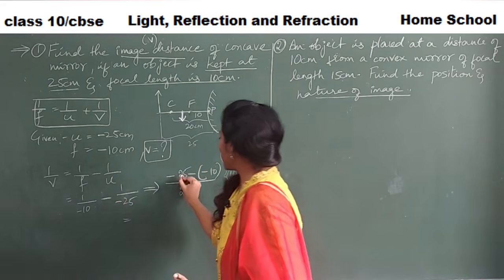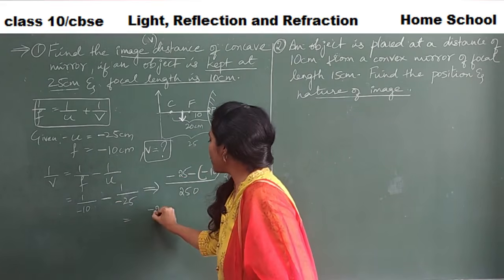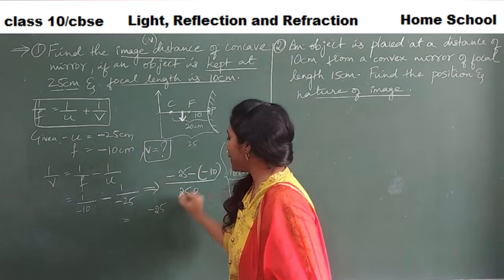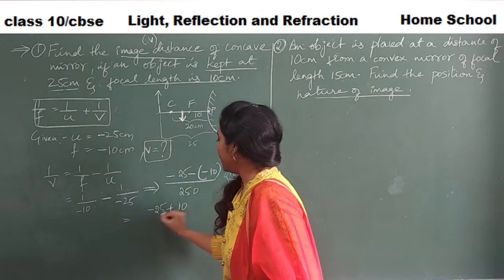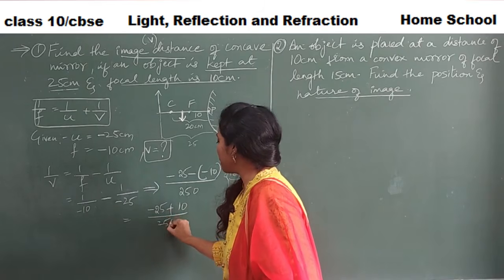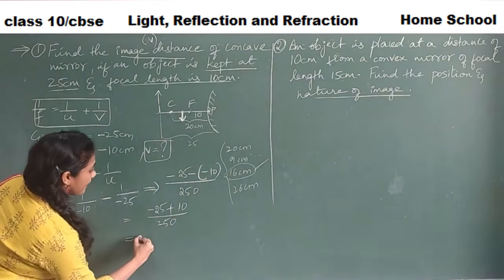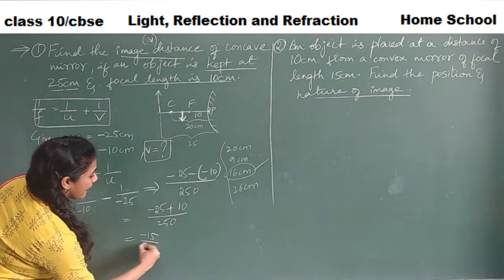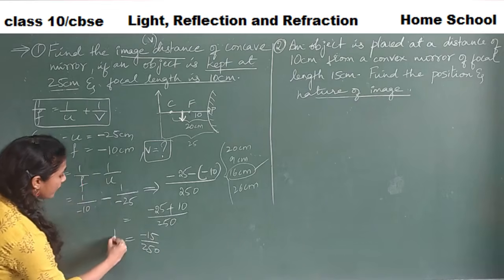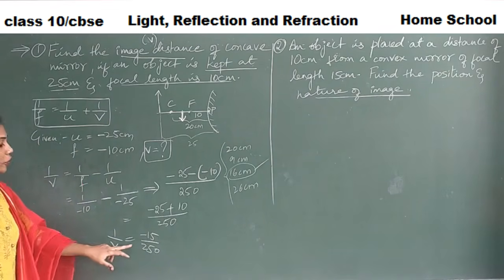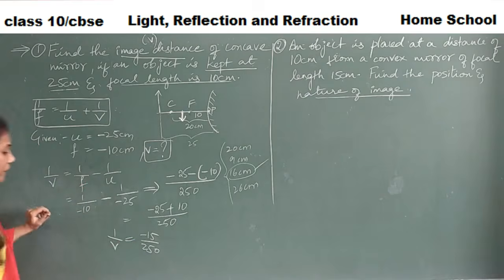Okay, so how much do you get? Minus 25 minus into minus plus 10 divided by 250, right? So how much do you get here? You will get minus 15 by 250. So your 1 by v is equal to minus 15 by 250.